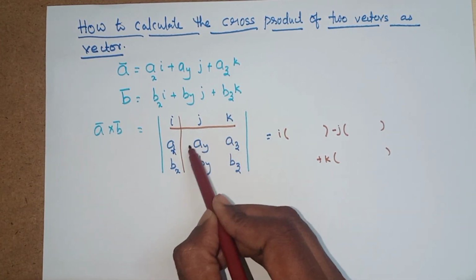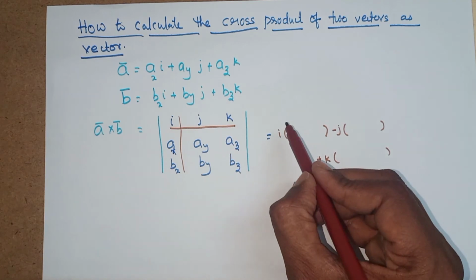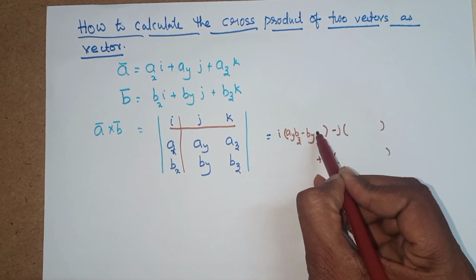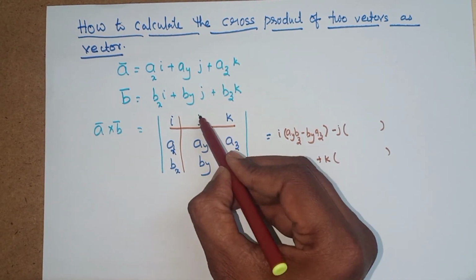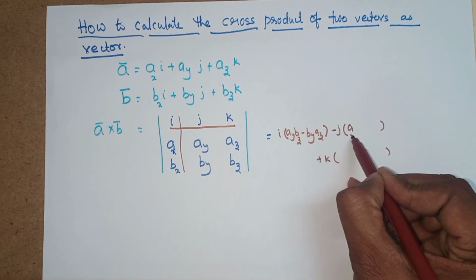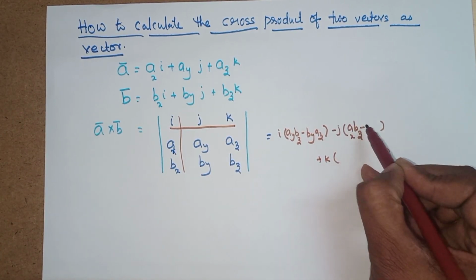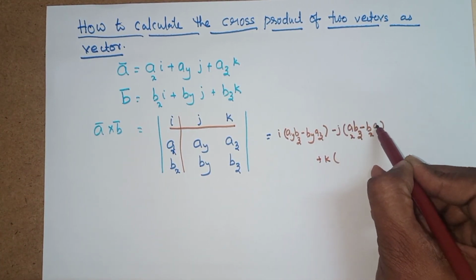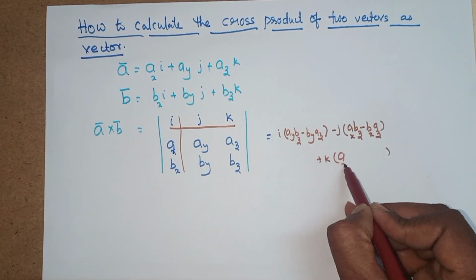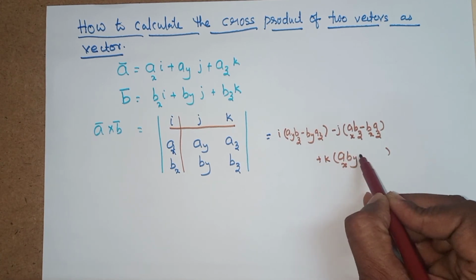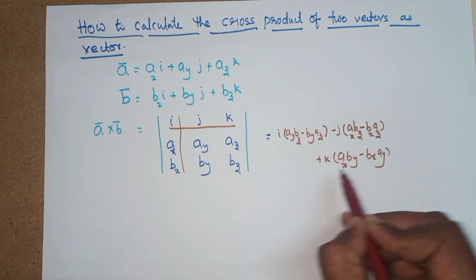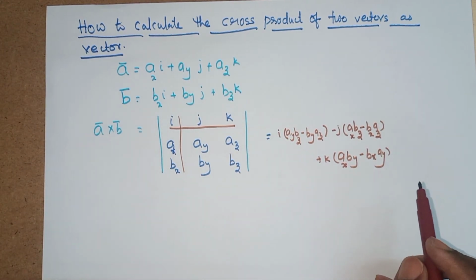This is called a square matrix. i times (AY BZ minus BY AZ), minus j times (AX BZ minus BX AZ), plus k times (AX BY minus BX AY). So in that way we can calculate it.